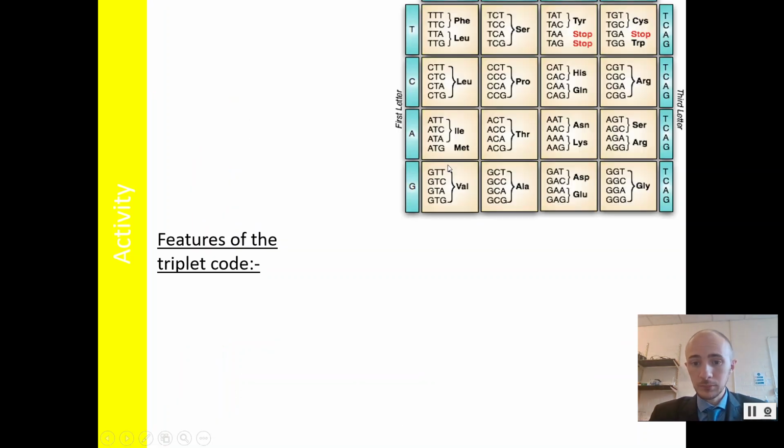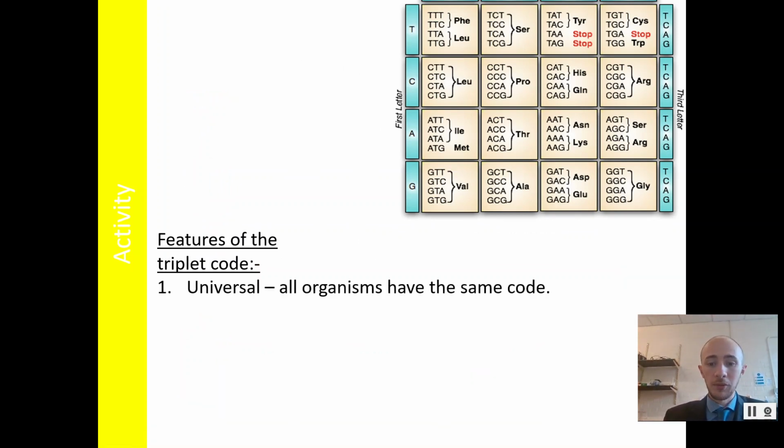So, there are 5 features of the genetic code I'd expect you to know. The first is that it is universal. Now, you could be asked in a test, what does the word universal mean in relation to the genetic code? What it means is that every single organism on Earth that we're aware of uses exactly the same code.